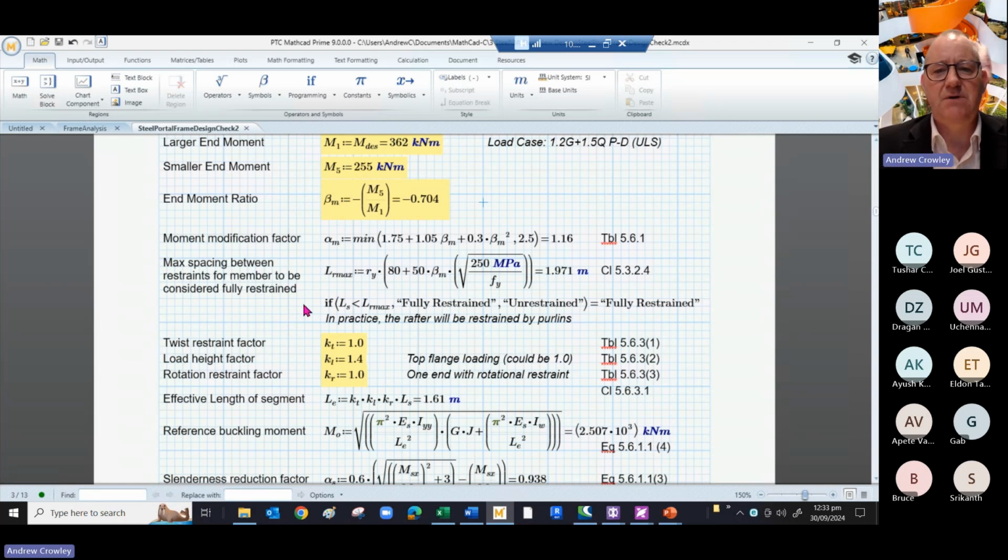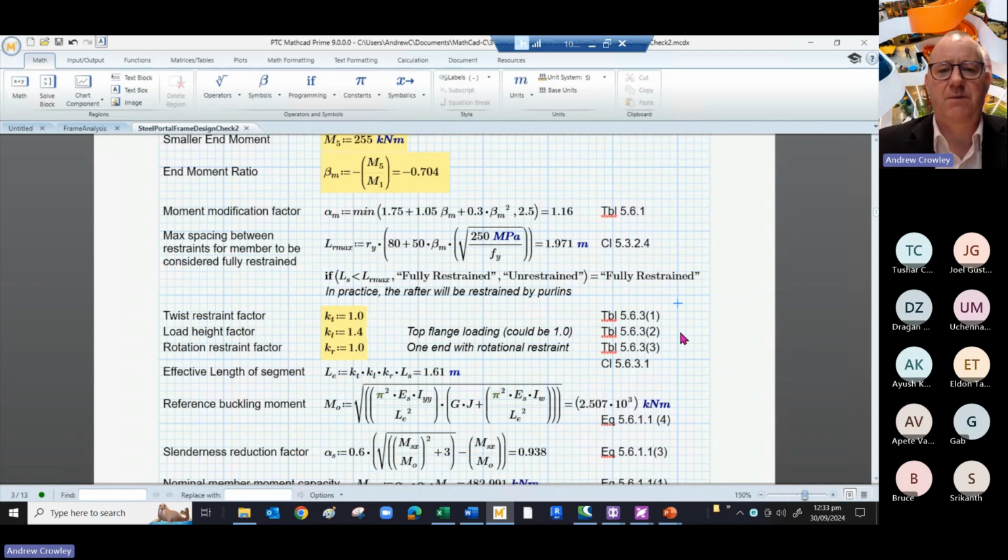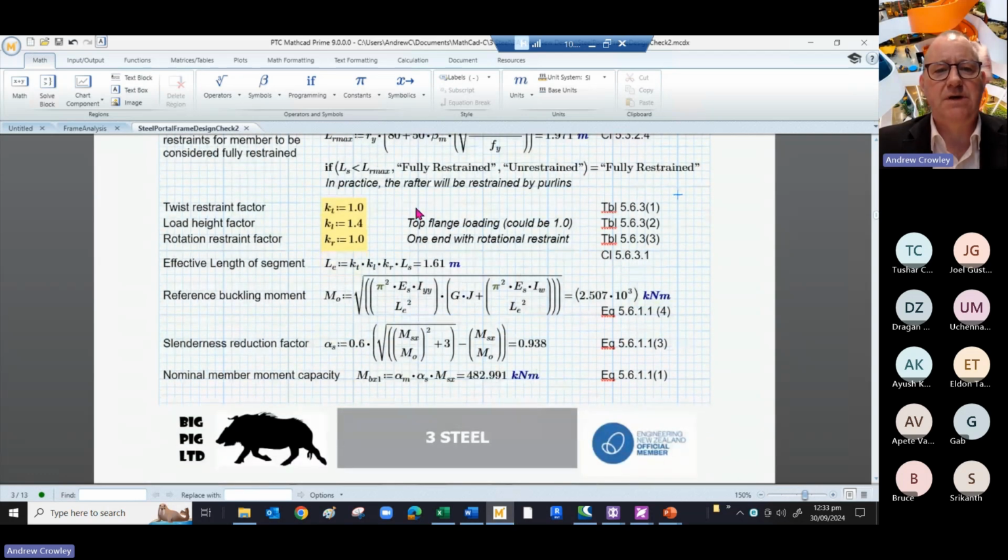Now, given those values, it turns out that this section is actually restrained anyway. So buckling shouldn't be a problem. I've conservatively put in the KL as 1.4, although it could be 1, as I discussed earlier. So the effective length of my segment is 1.61.